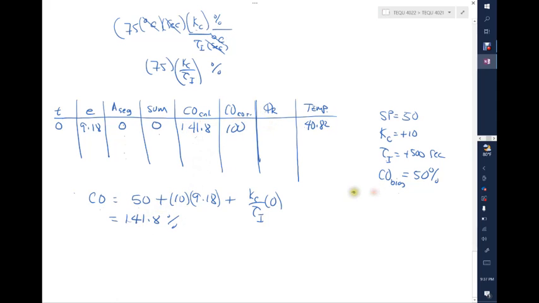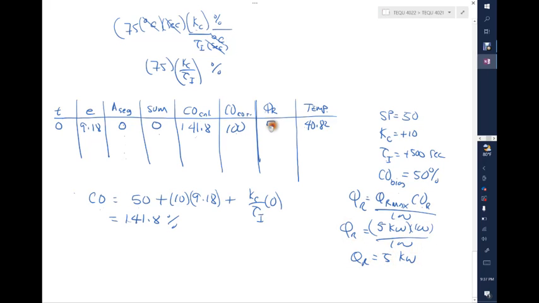Remember, QR in any time equal QR max, that's the resistance value, QR max times COR divided by 100, which is in this case QR max is 5 kilowatt multiplied by COR, which in this case is 100 divided by 100. So definitely, finally QR will be 5 kilowatt, which is the number that will go here.